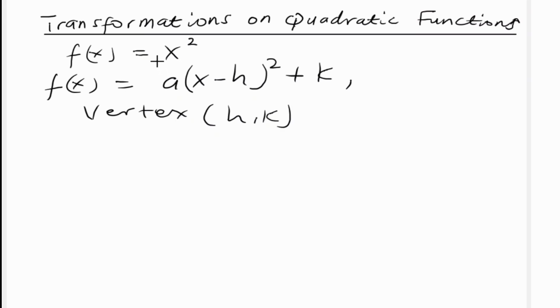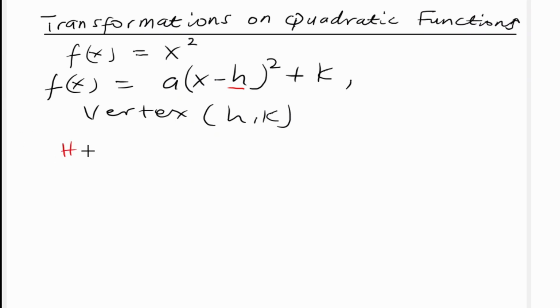As I said earlier, this is the quadratic function written in vertex form, and each part here, a, h, and k, has its own meaning, and I'm going to devote this lesson to that. I'll start with h, which is the horizontal shift.